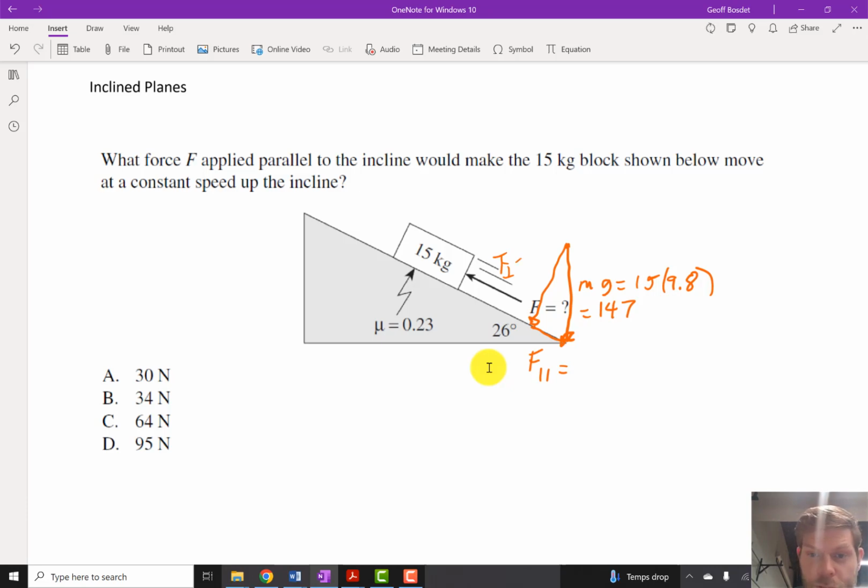And this one will be 147, or the hypotenuse, times cos theta, because this angle up here will always be the same as the angle down there. Because if you think about it, this is vertical, this is horizontal, so this plus this will always add to 90 degrees. Plus, since this is a 90-degree triangle, going from into the slope to down the slope, these two angles also have to add to 90 degrees.